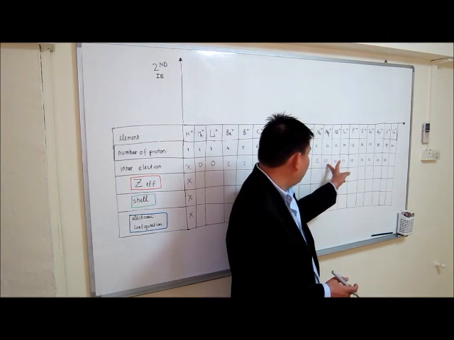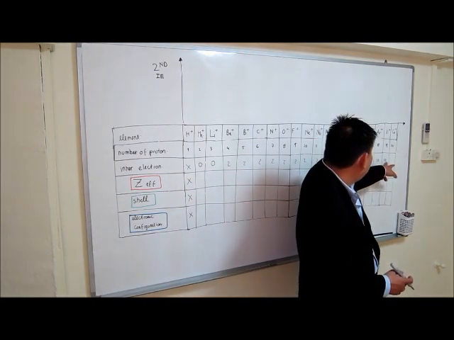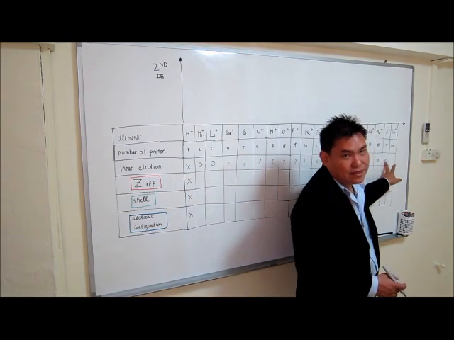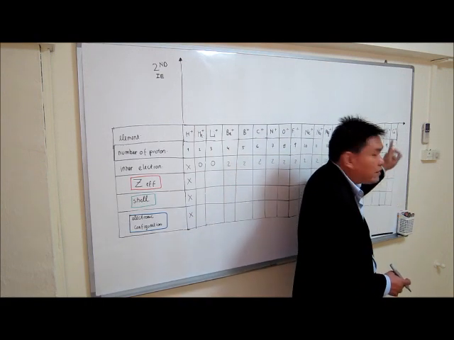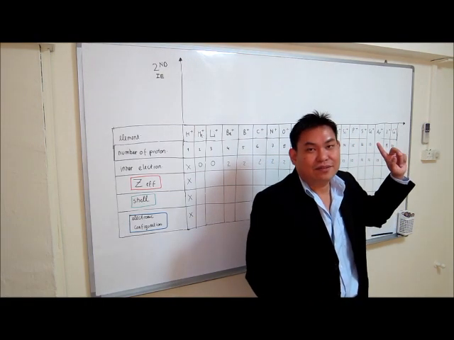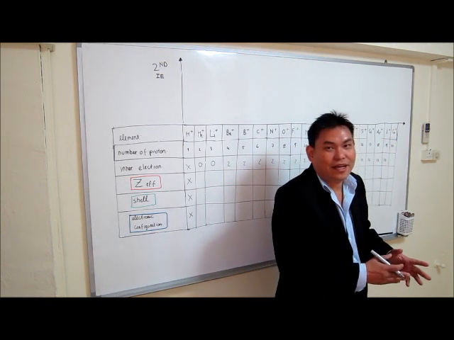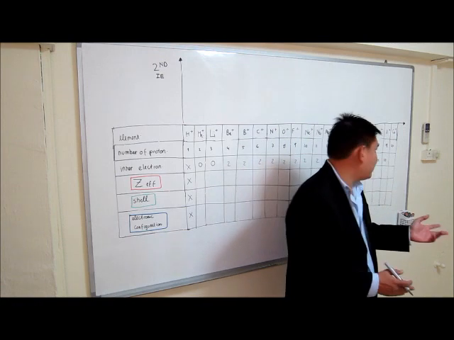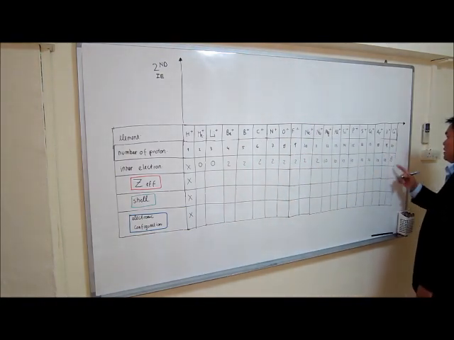So the inner electron is counted as 10. In the case of K+, it has 18 electrons, 10 on the first and second shells and 8 on the third shell. In the case of Ca+, you have 18 electrons.